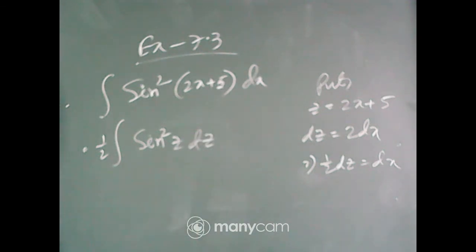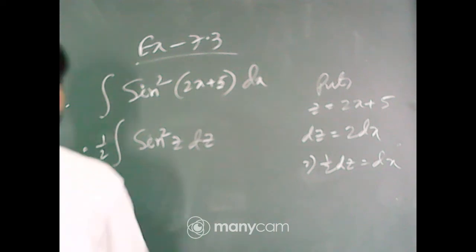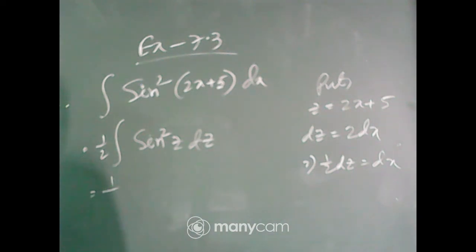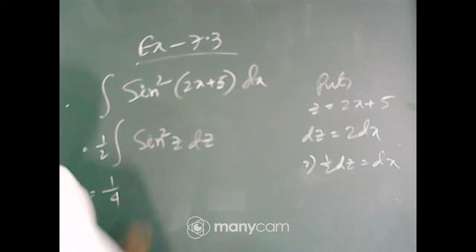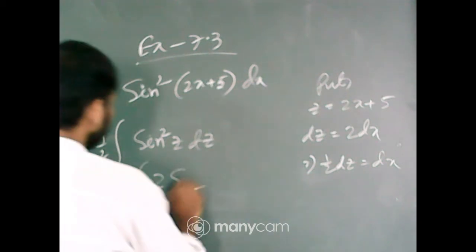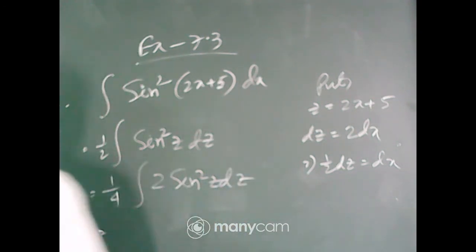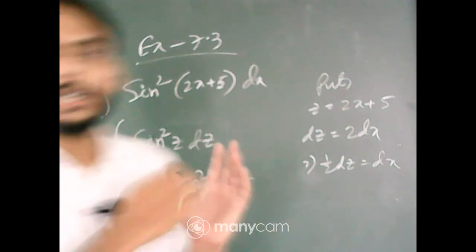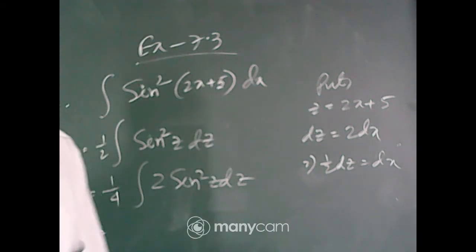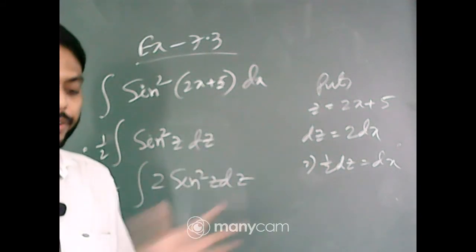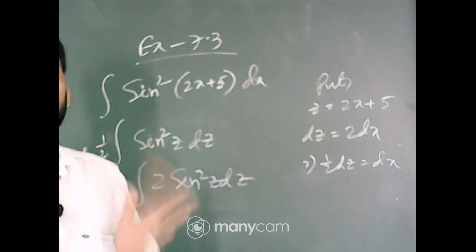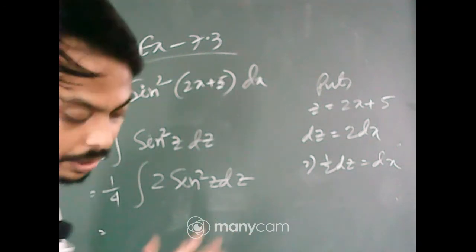Now what to do next? We will take 1 by 2 outside the integration again. That means it will make it 1 by 4. 1 by 4 integration 2 sine square z dz. I am telling you at the beginning of this exercise, that means 7.3, that all the trigonometric identities will be required for this exercise.